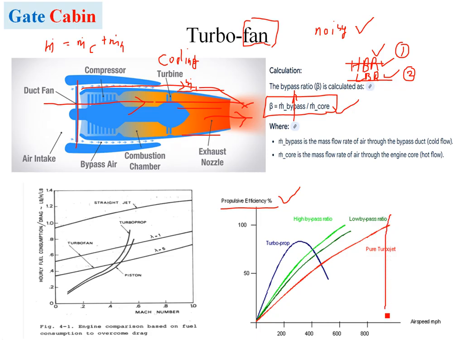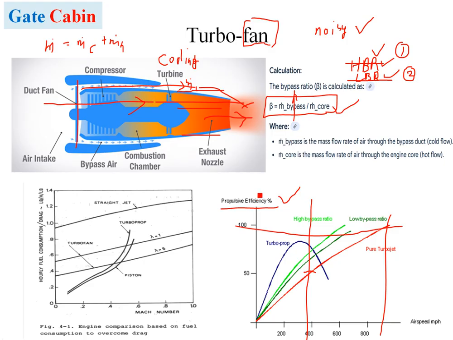At high speeds, we have highly efficient engines operating here with low bypass ratio. The pure jet engines will attain lesser speed if we are aiming at high propulsive efficiency.